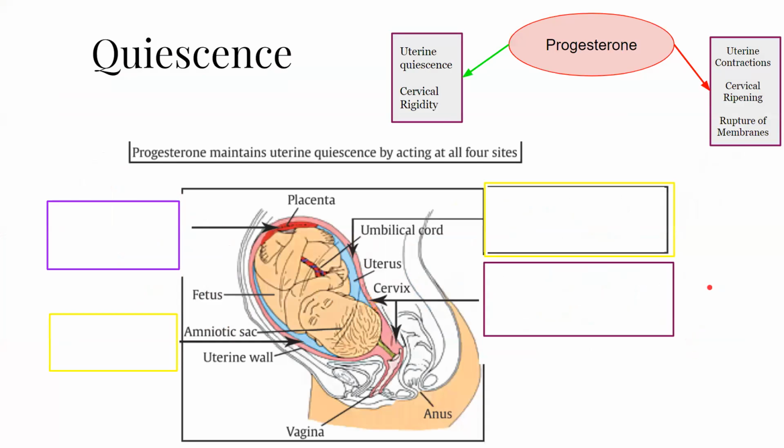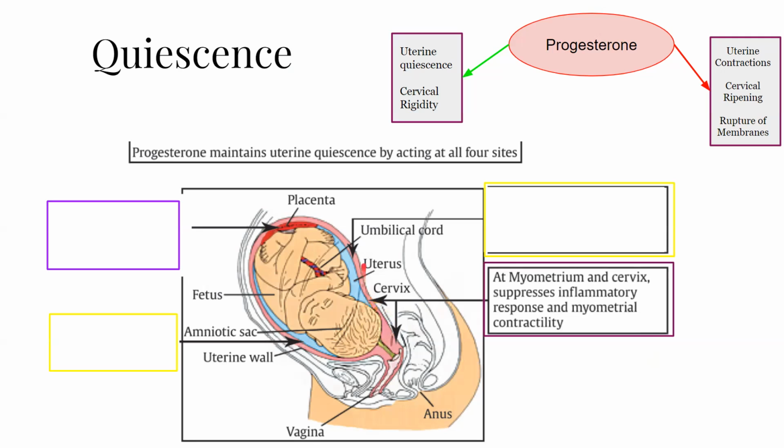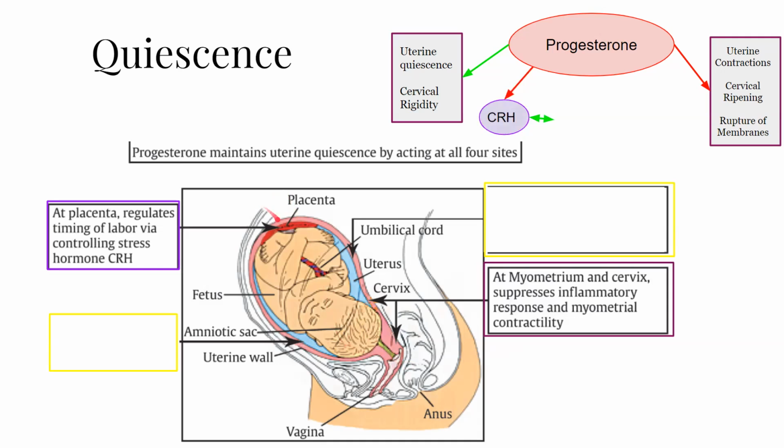So let's go through this in a little bit more detail. This is stage 0. This is when everything is being inhibited by progesterone. And so what are the ways that progesterone acts? First, it acts at the level of the muscle, the myometrium, the uterine muscle, and at the level of the cervix by decreasing inflammatory response and also decreasing the contractility. It also regulates the CRH release from the placenta.